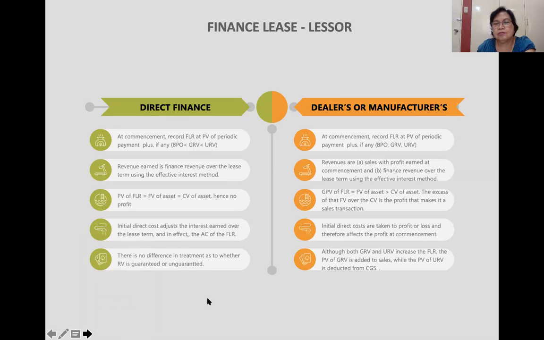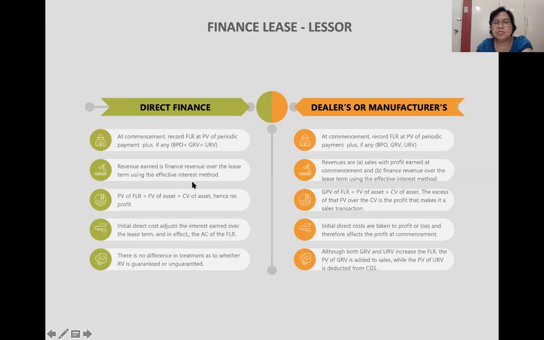So this is comma, comma. So same is true here. At commencement, record finance lease receivable at present value of periodic payment plus, if applicable, any of BPO, GRV, or URV. So here, they are similar.